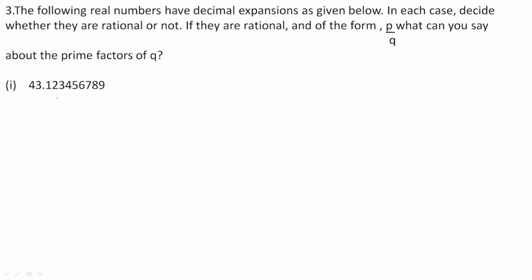43.123456789. It is a finite decimal number because it has no dots like this and it does not have any bars on the top. So it is a rational number. Because it is finite and it is a terminating decimal number, so we have done lots of questions in exercise 1 and 2. That is, let us say this is x.